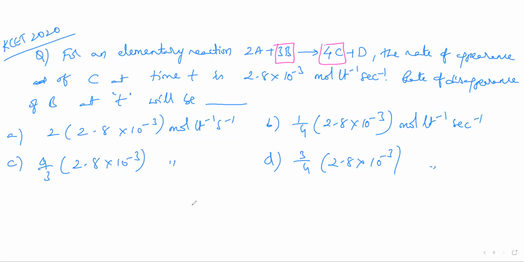Now, what is the rate of reaction? First you find that out. This is the elementary reaction given, that is 2A plus 3B gives 4C plus D.